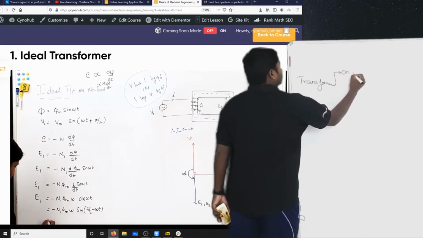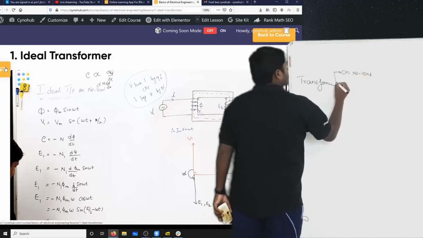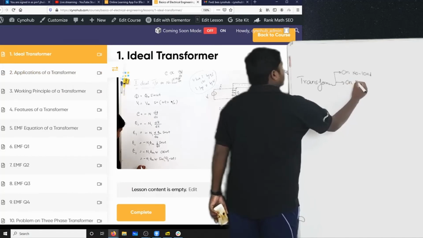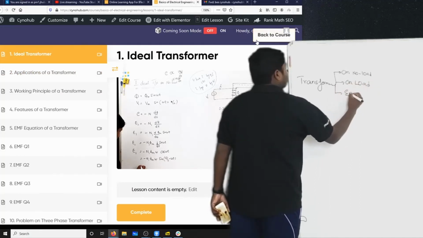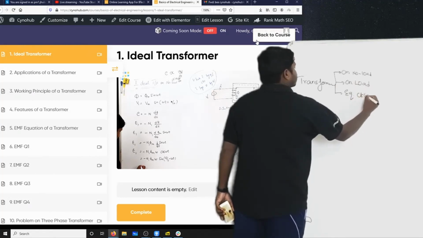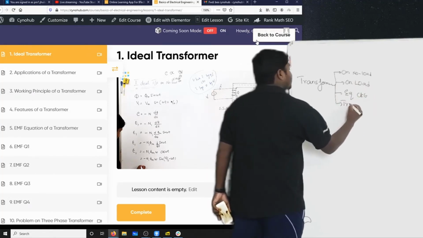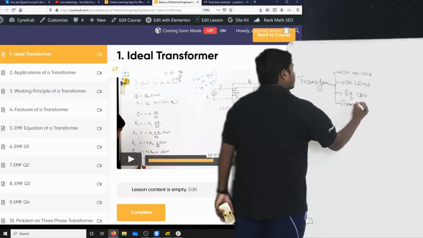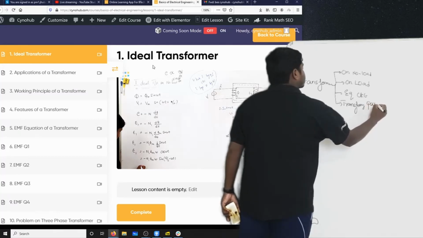Transformer on no load. Transformer on load, and its equivalent circuits and transferring parameters.